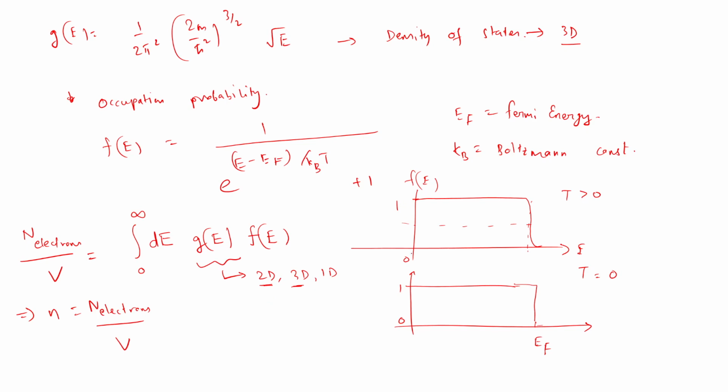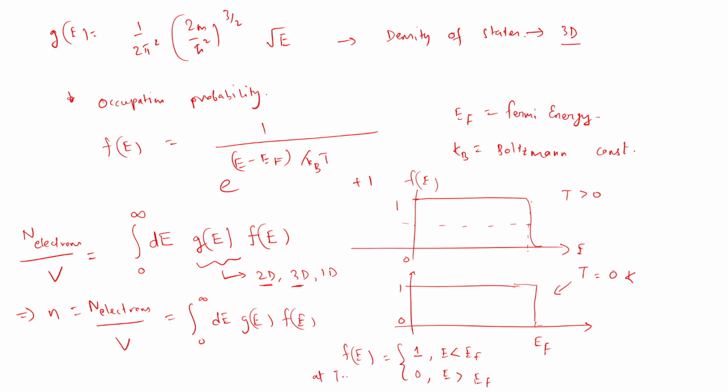So now let us find the number of electrons, the integral from 0 to infinity of dE G(E) f(E), at T equal to absolute 0, or 0 Kelvin. You see this function f of E at T equal to 0 is nothing but 1 when energy is less than EF, and 0 when E is greater than EF.